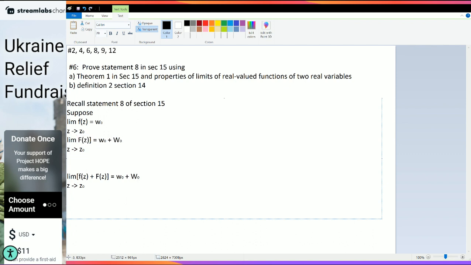And we're going to go capital F of z equals capital W naught.